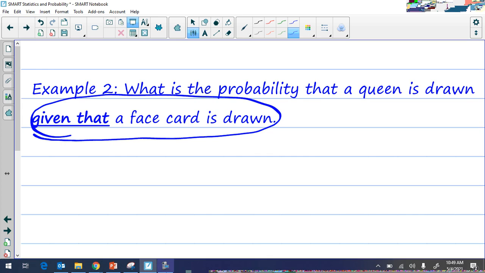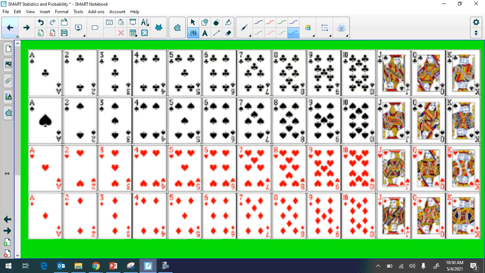Sorry about that. So given that a face card is drawn, that means that I am only looking at these 12. That's my new sample space. So if I want to know what's the probability that a queen is drawn, given that it's a face card, I'm only going to look at those 12.